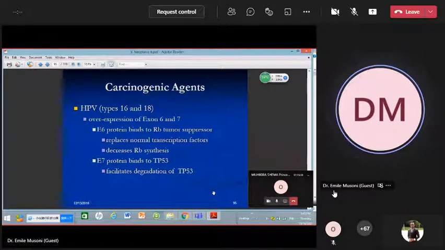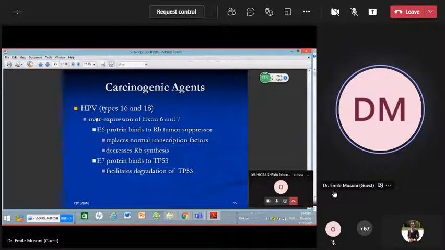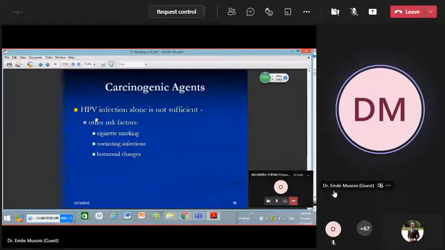The E7 protein binds to Rb and E6 binds to p53, facilitating degradation of p53. E6 and E7 are the proteins found in human papillomavirus. HPV infection alone is not sufficient.